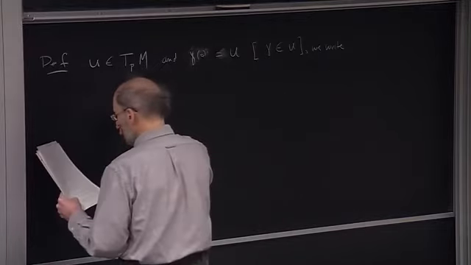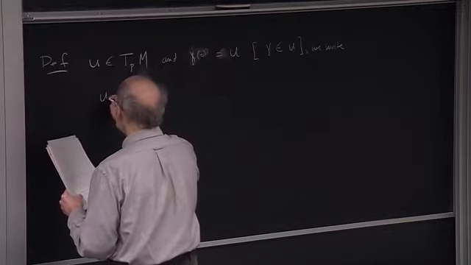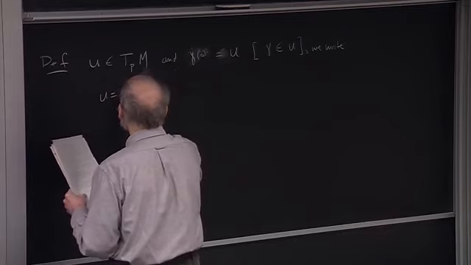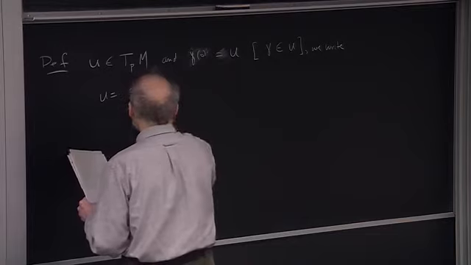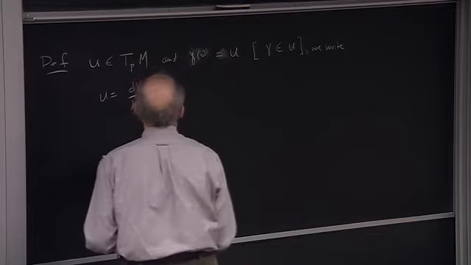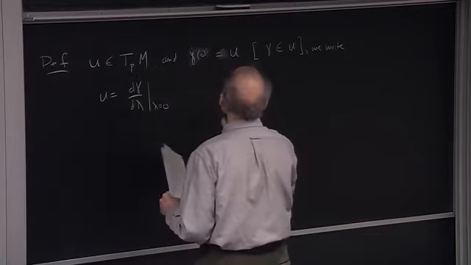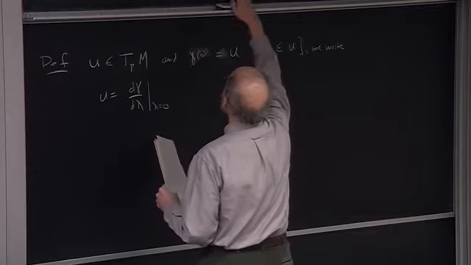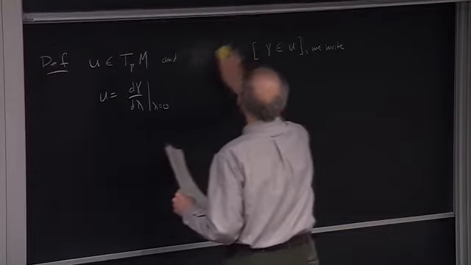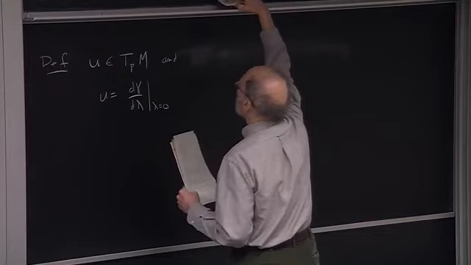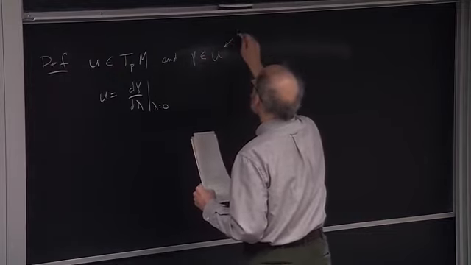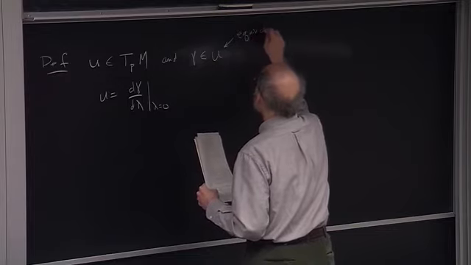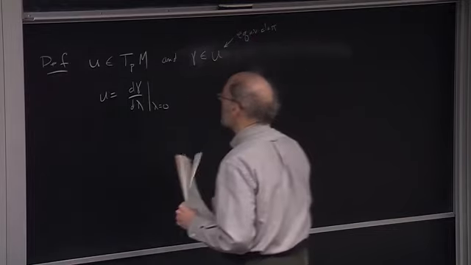I'm going to sometimes use this infinitesimal method. So this is the same thing that I just wrote: U is equal to d gamma d lambda at lambda equals 0. I'm messing this definition up. Let me just say it like this: gamma is in the equivalence class U, so U is regarded as an equivalence class.